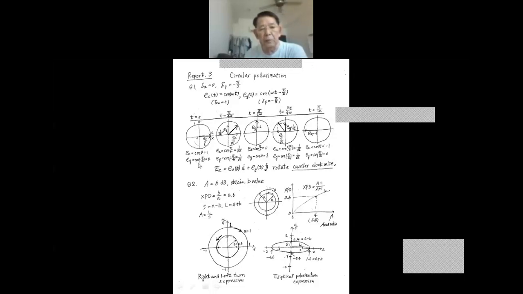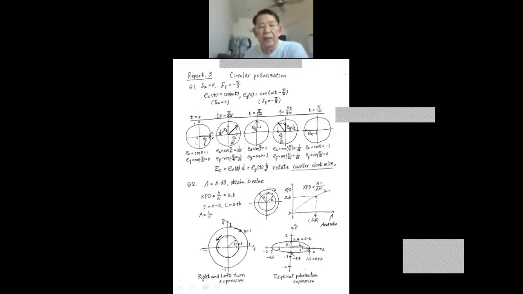And the Ey component is cosine of 0 minus pi divided by 2, cosine of minus half pi becomes 0. So at t equals 0, only Ex, which is 1, exists.